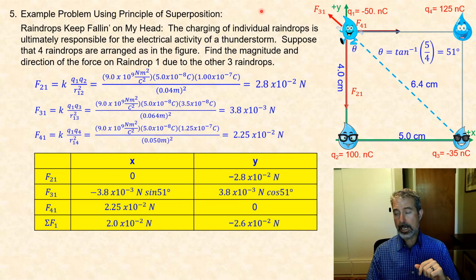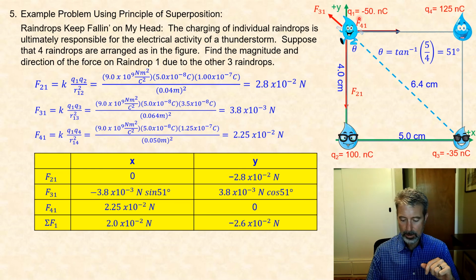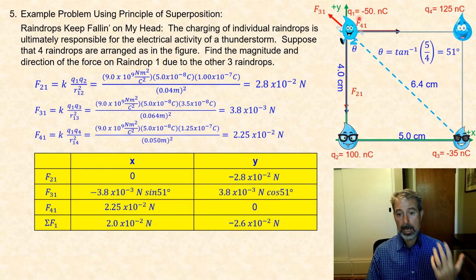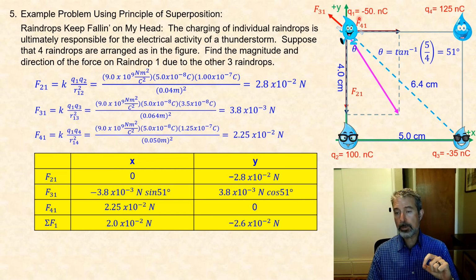It looks like the x component, which I'm showing you here in black, and the y component, which I'm showing you here. Given those two components, we know that our resultant vector is just the vector sum of those two components, which I'm going to draw here as this pink vector.